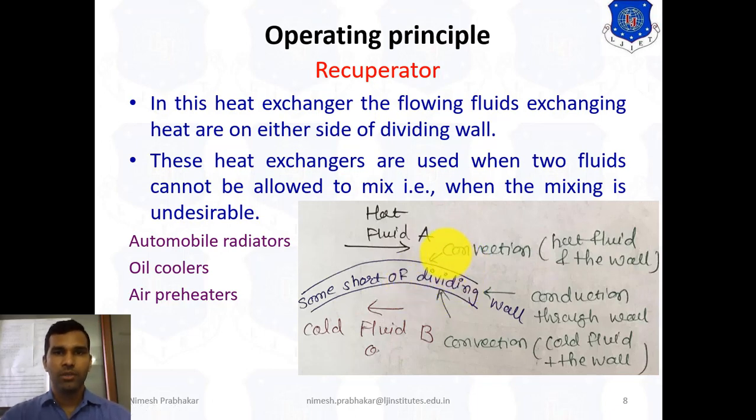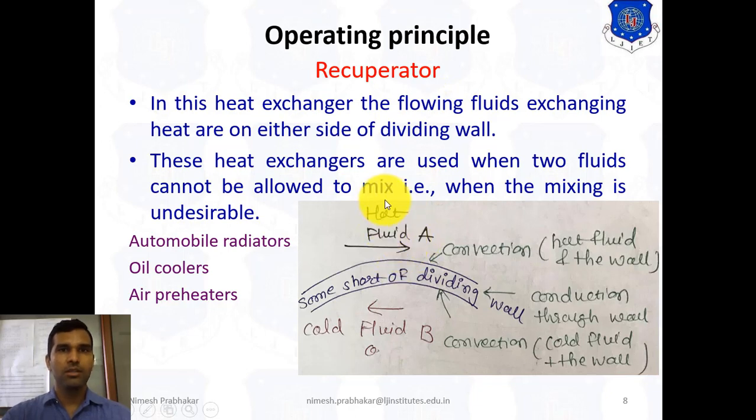So here the first process is that this hot fluid gives energy to the wall. This process is called convection, and now the second process is conduction, and the third process is convection, between the cold fluid and the wall. So this is the process. In this recuperator heat exchanger, the two fluids flow separately.